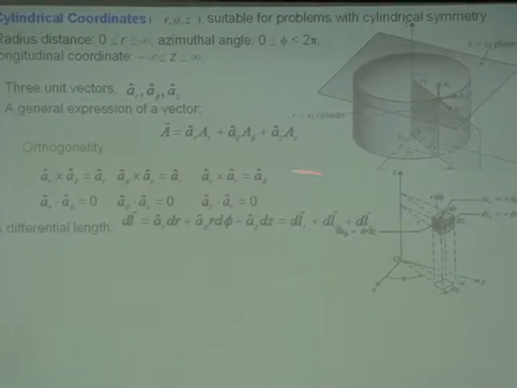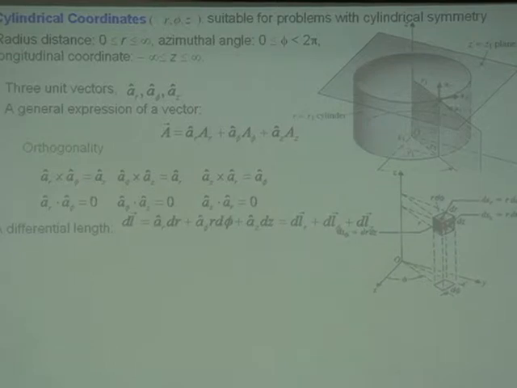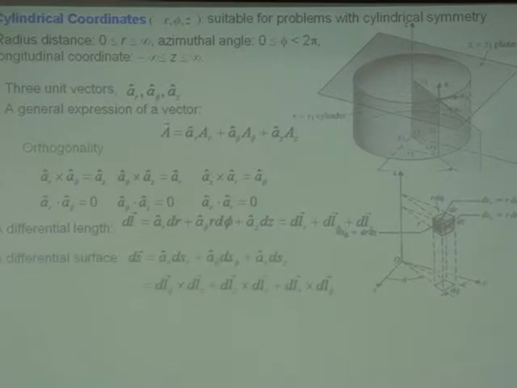Okay, once you understand this, then you are ready to calculate the differential surface. 每个这个面的话呢是两个小短线的 cross product. Okay, so if you write down the vector for the differential surface, well, it contains three directions, r, phi, z, and every direction has a small surface.